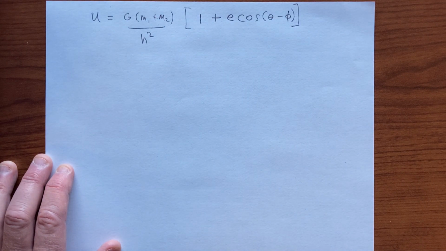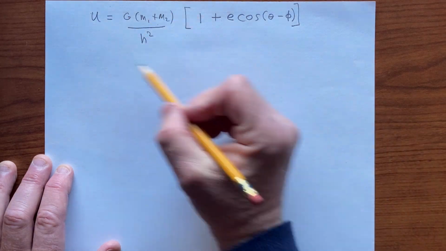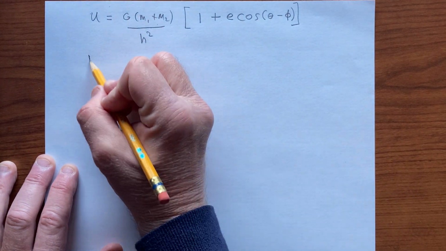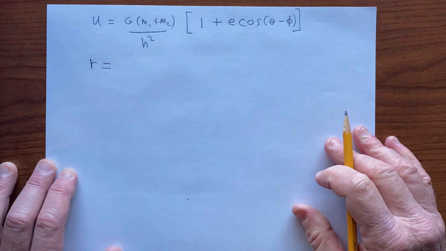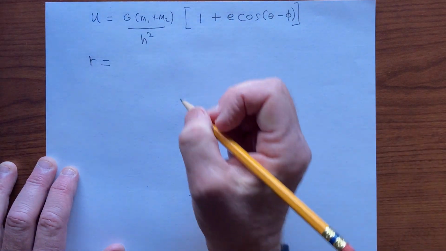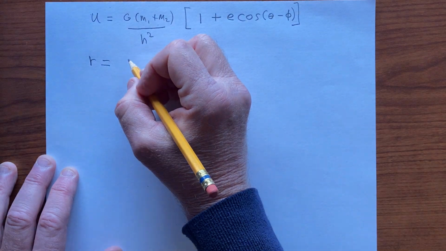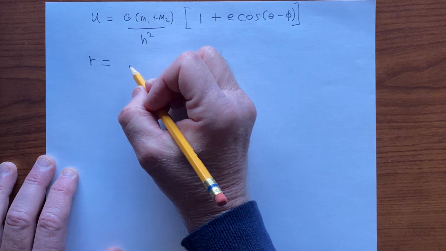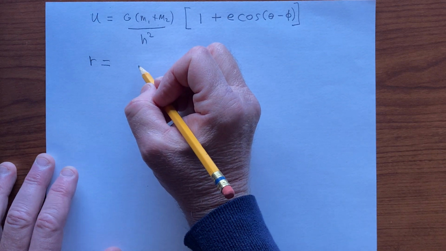Okay, so let's explore this. Well, first of all, let's write this in terms of r. So we want the radial value, which is the distance between these two massive bodies of mass m1 and m2.